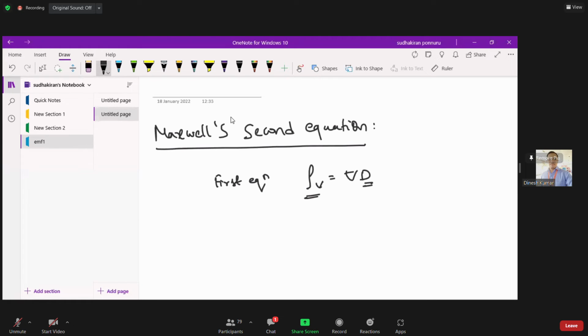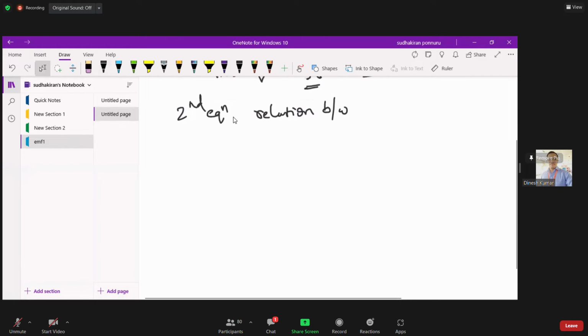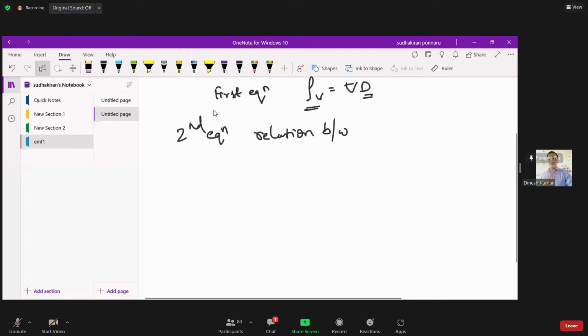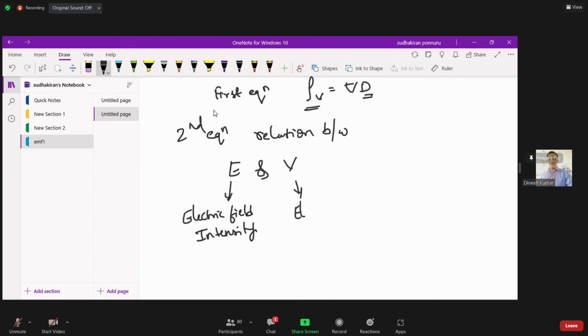Similarly, Maxwell's second equation also gives a relation between two parameters. What are those two parameters? Maxwell's second equation gives the relation between E and V. E is the electric field intensity, and V is the electric potential.